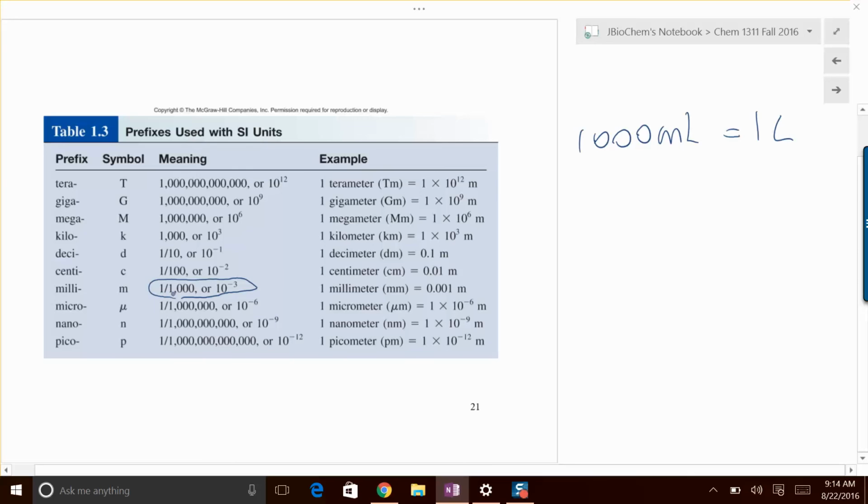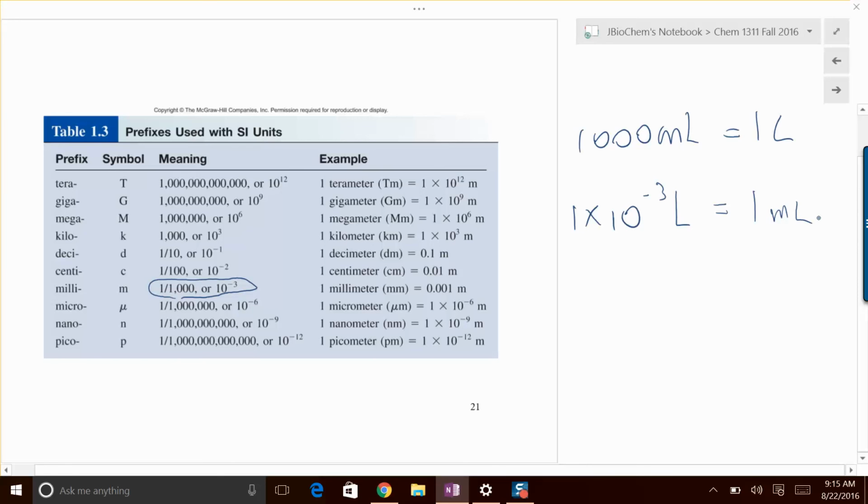Okay? The milli is 1/1000th of a liter. Or, in other words, 10 to the negative 3. So if I write it in scientific notation, 1 times 10 to the negative 3 liters equals 1 milliliter.